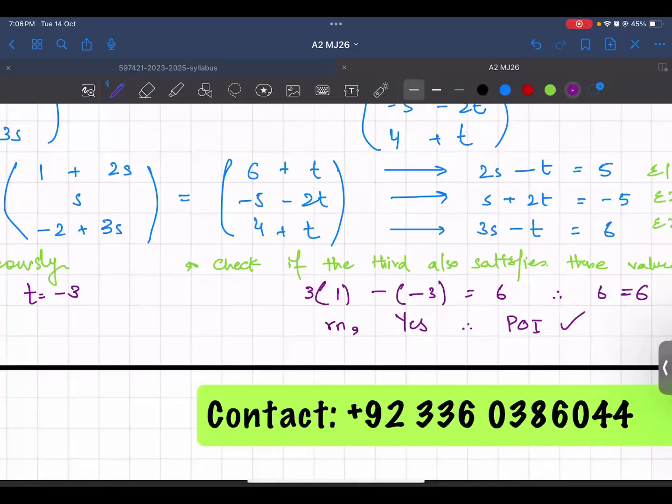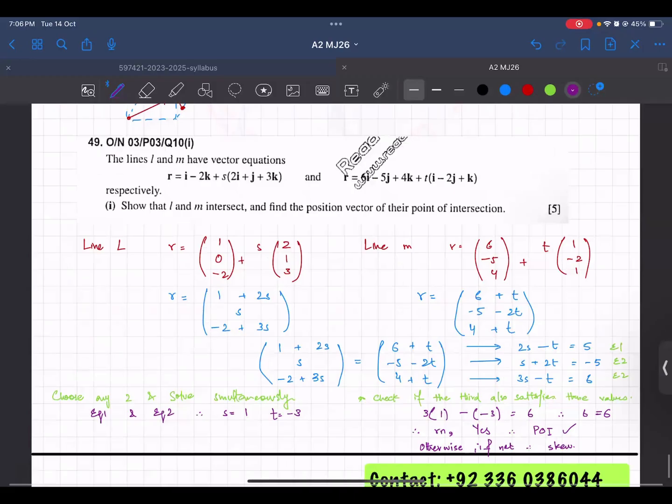Right now, yes, they intersect. It is satisfying. So yes, there is a point of intersection. Otherwise, if not satisfying the third one, then it would be skew. So in this case, it is satisfying.